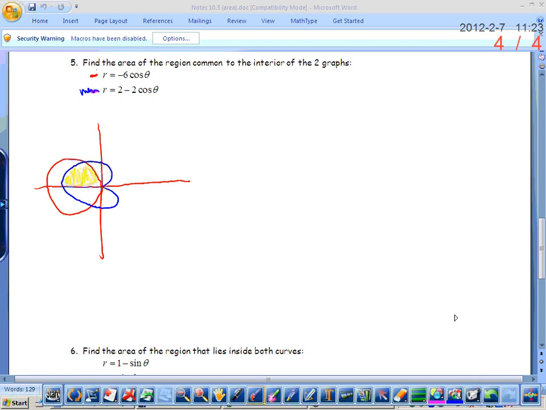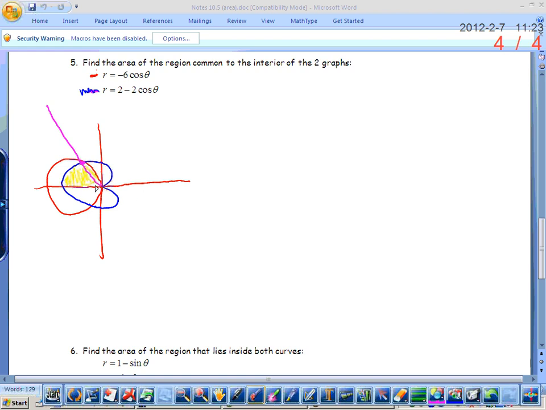Okay, now a good strategy when you're doing these, whenever you have 2 graphs, is draw a line that goes from the pole to the point of intersection of the 2 graphs. Oop, I didn't quite hit that point of intersection. And that's going to divide it into 2 regions.